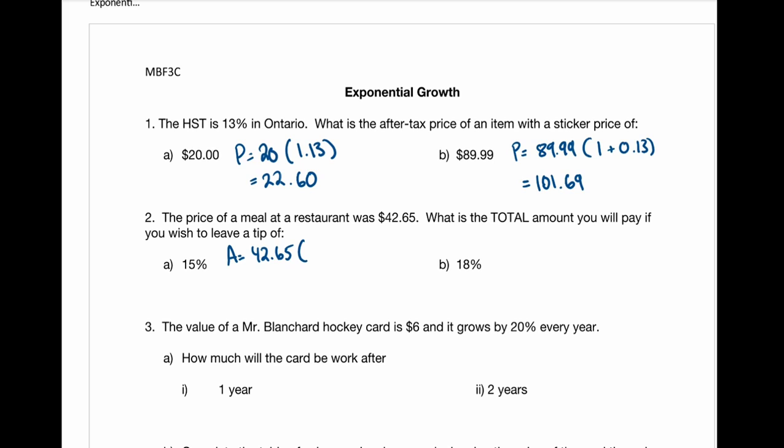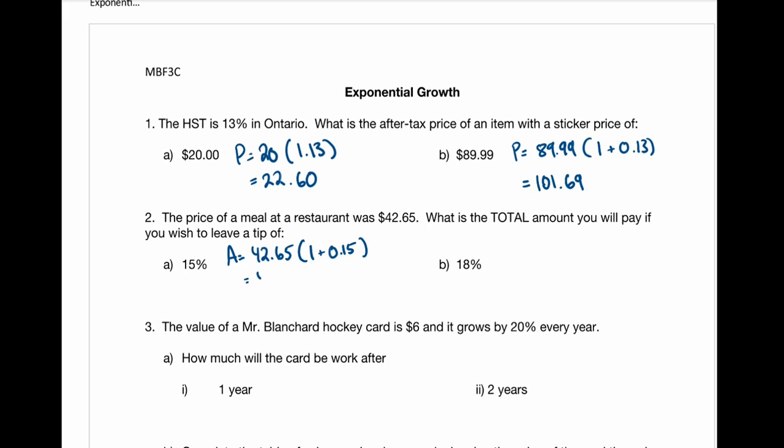So similar to the last one, where the after-tax price was the original amount plus the percentage, it's the same here. To get the original amount, I need to multiply by 1, but I'm also adding in 15%, or 0.15.